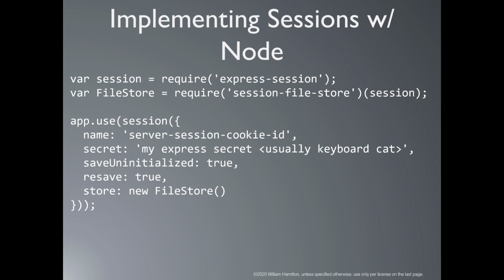These are basically parameters for how and when our session should be saved to our store. So I think resave is anytime a connection disconnects, our session will be resaved. saveUninitialized is even if we don't initialize the session, again, we'll save it. And then we specify what kind of session store we're going to use. In this case, we're using file store.